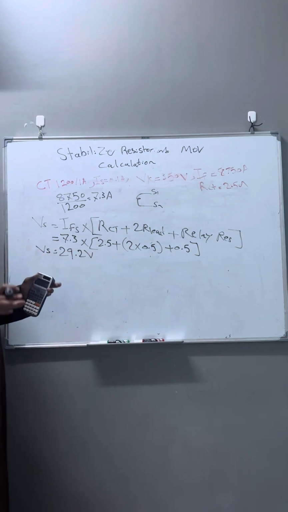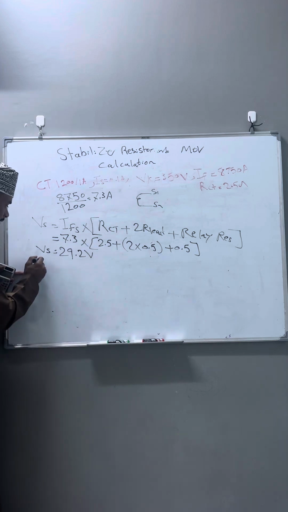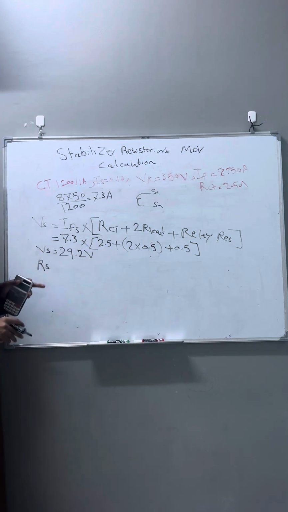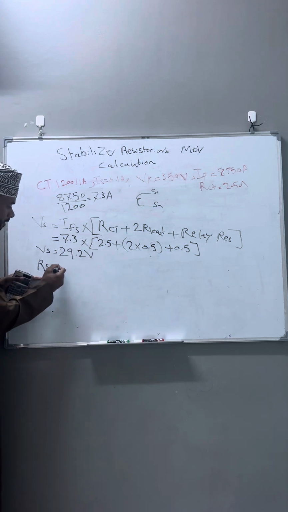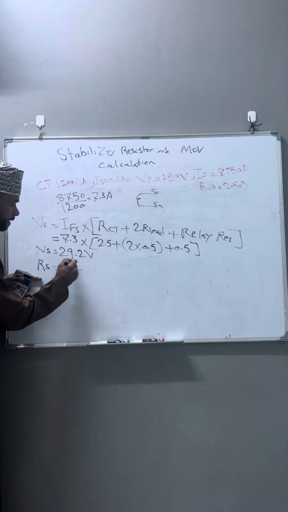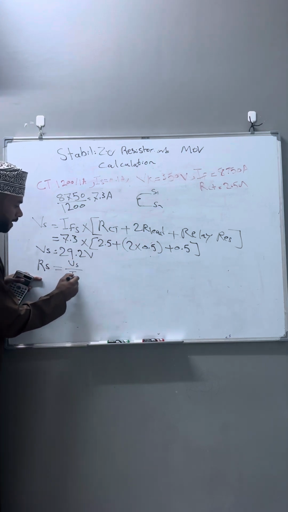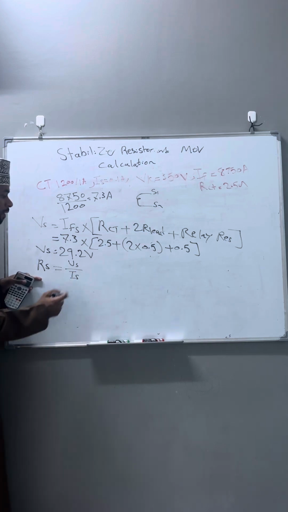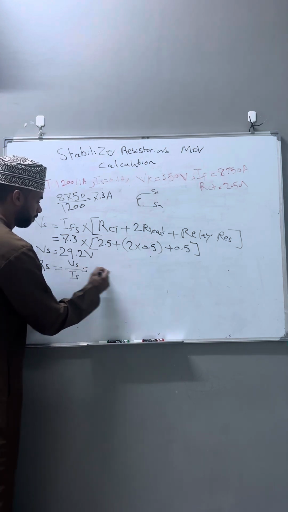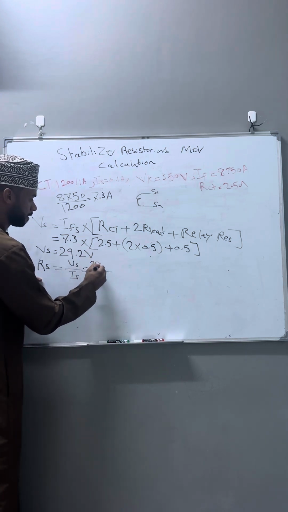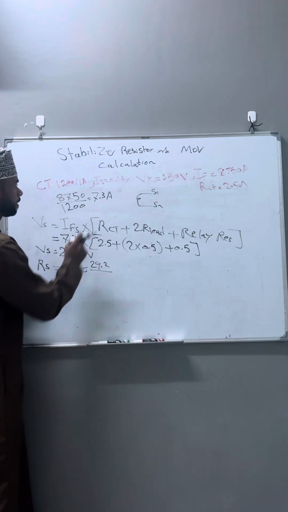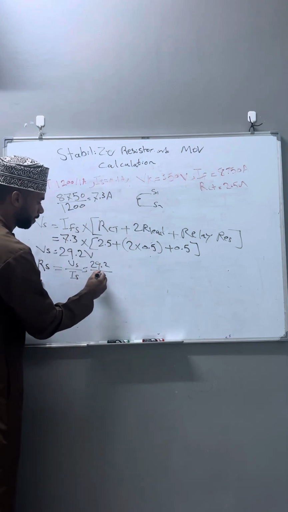Now we can find the stabilizer resistor Rs, the stable value of the stabilizer resistance. How to find it? I divide Vs by Is, or I pickup for REF. Vs we found is 29.2, and the I pickup is given as 0.1.